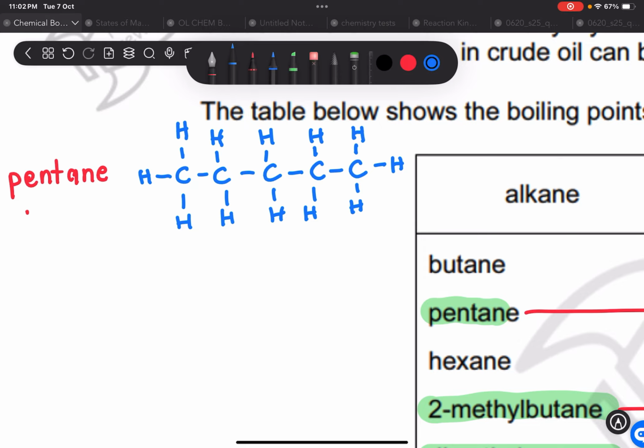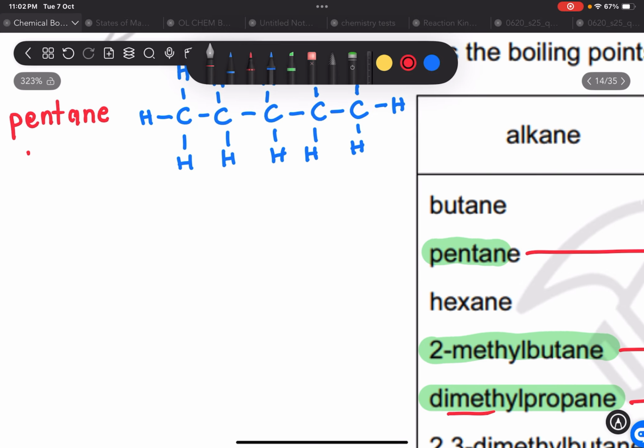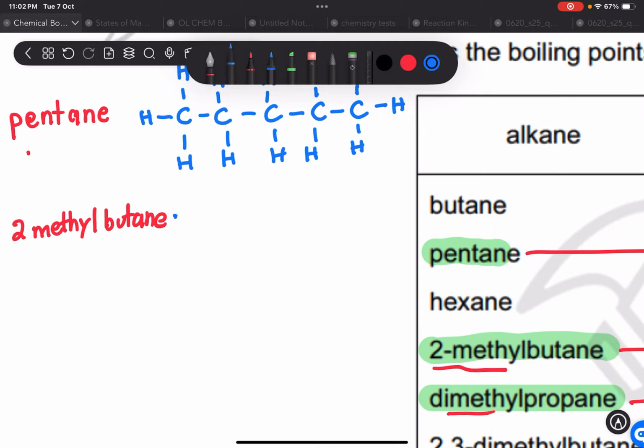Now let's draw the next molecule, that is 2-methyl butane. For that, we first need to draw butane, which is going to be 1, 2, 3, and 4. This is going to be butane. It's going to have 4 carbon atoms.